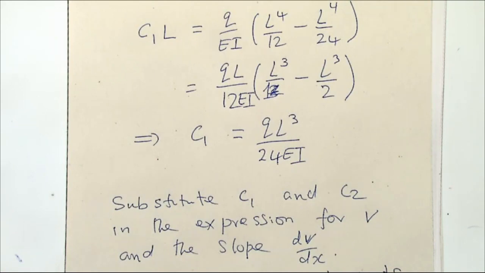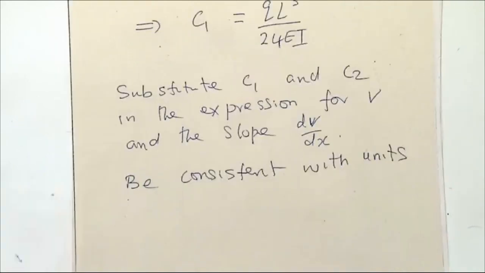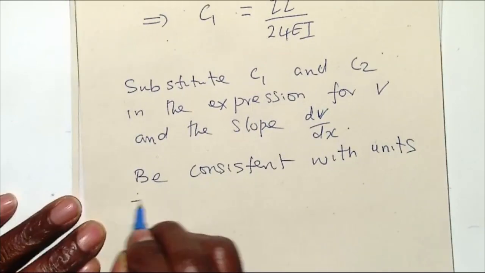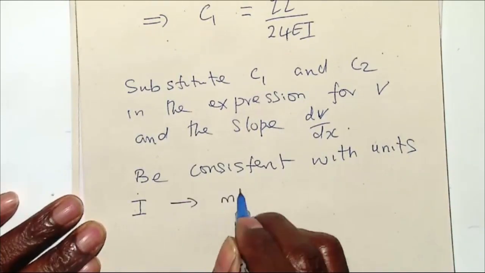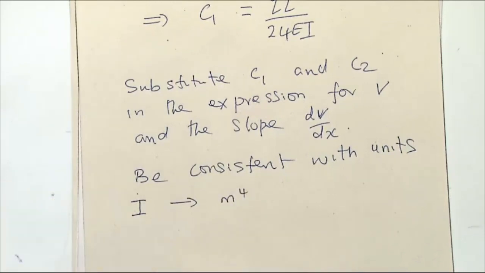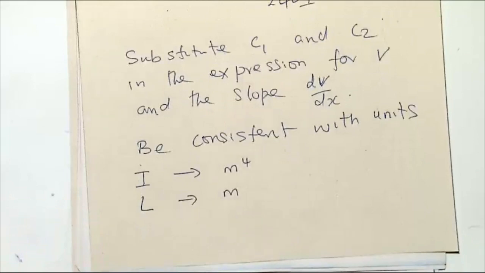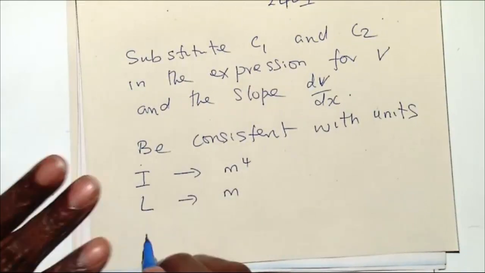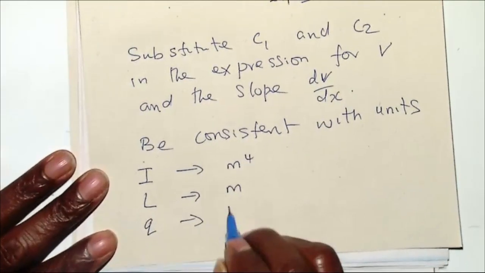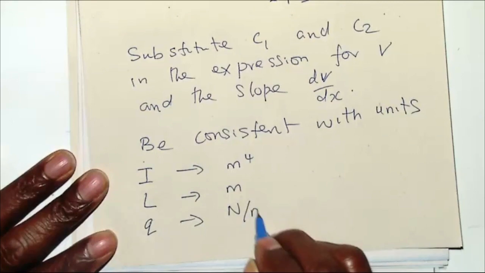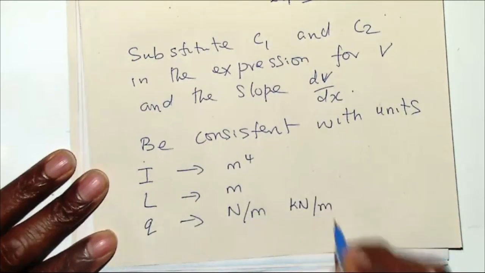Okay. Right. So you've got to be consistent with your units, and I think that is key here. So if your I is in meters, for example, your length has to be in meters. So your Q, which is the one we're looking at, has to be in Newton per meter or kilonewton per meter.